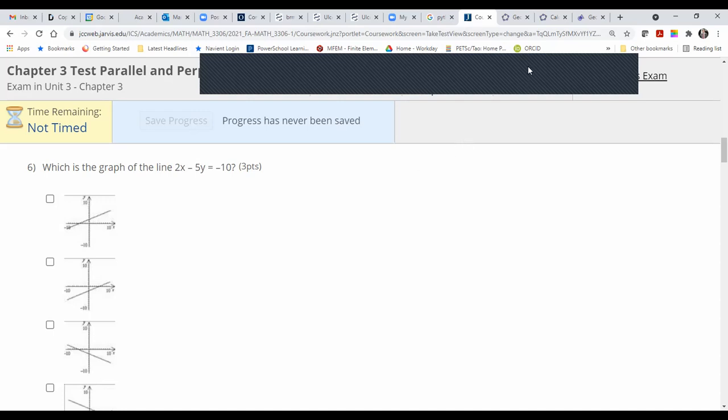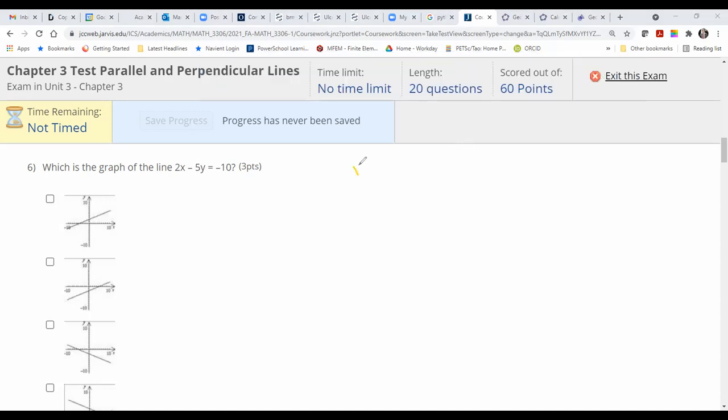So you can just find the intercepts. The intercept to the y-axis will be where x equals 0, right? And if x equals 0, you get negative 5y equal to negative 10.